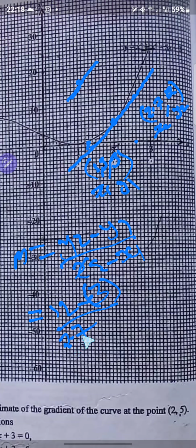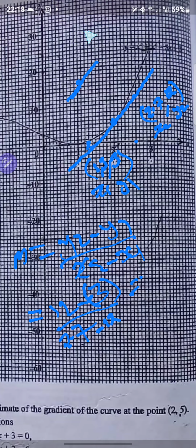Then x is 2.7 minus the x value, which is positive, 1.3. You are getting a positive value. Then you calculate, you find your answer. That is when you punch it in, that is your gradient.